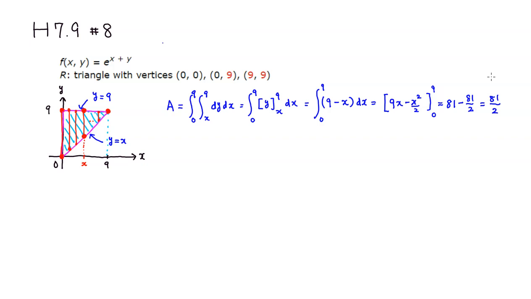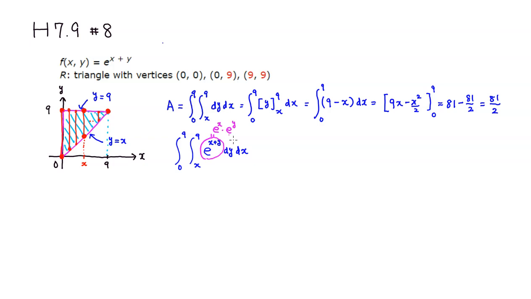Then we can evaluate the integral. It's a double integral, and since we already did the lower and upper limits, we can use exactly the same limits. The function is e to the x plus y, and we integrate with respect to y first, then x. We can rewrite this as e to the x times e to the y.